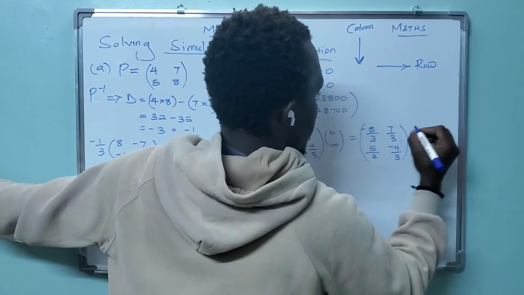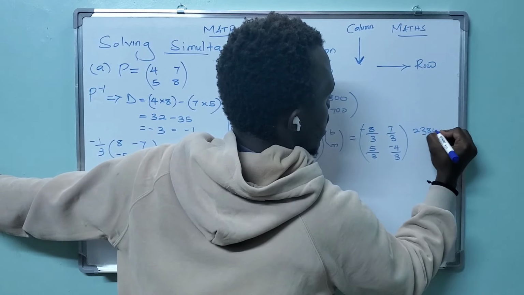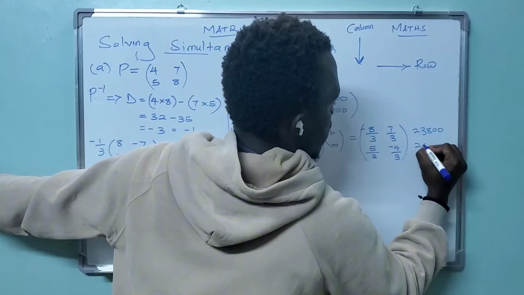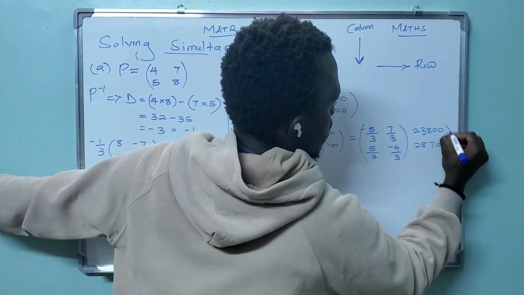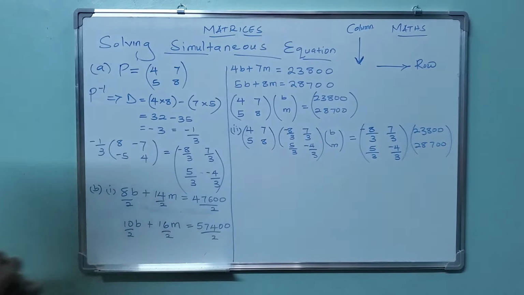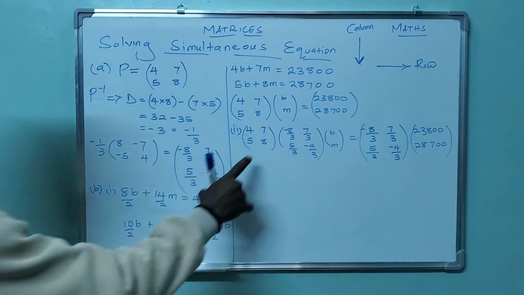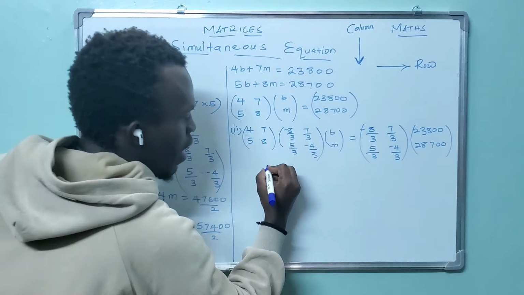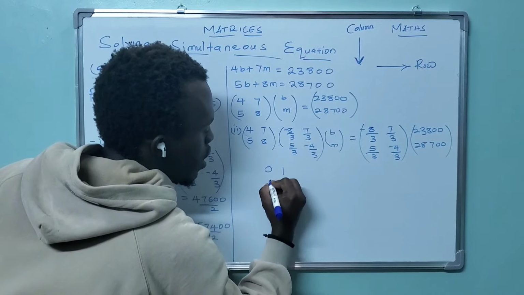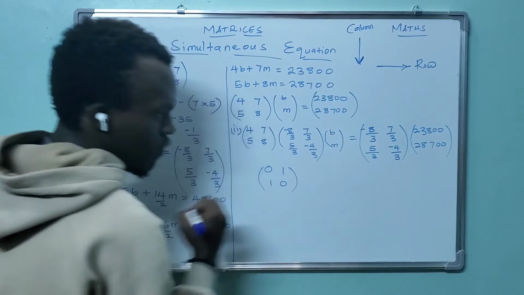Then multiply by the matrix, 23, 800, then 28, 700. Let us now multiply. I know that when I multiply a matrix and its inverse, I'm going to get a 1, 0, 0, 1 matrix on that side.